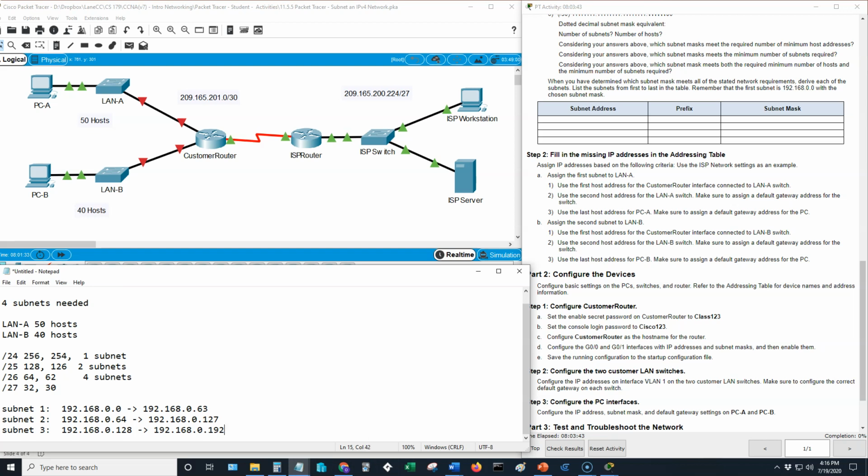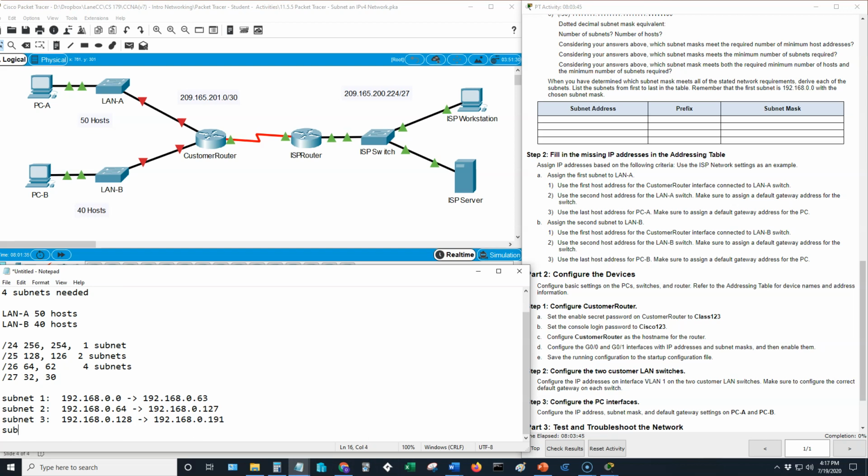Correct, 191, and then our last subnet will be 192.168.0.192 to 192.168.0.255.